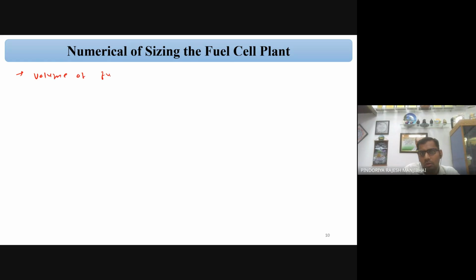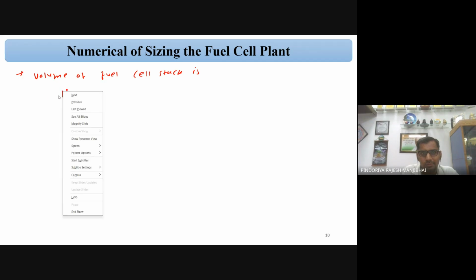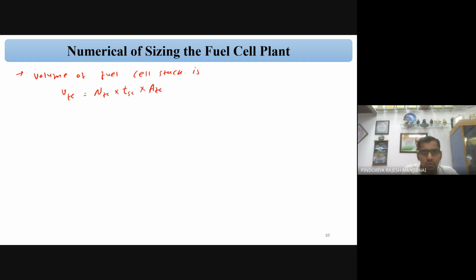Volume of the fuel cell. Volume of the fuel cell is nothing but the number of fuel cells into the thickness of the fuel cell into the area of the fuel cell.